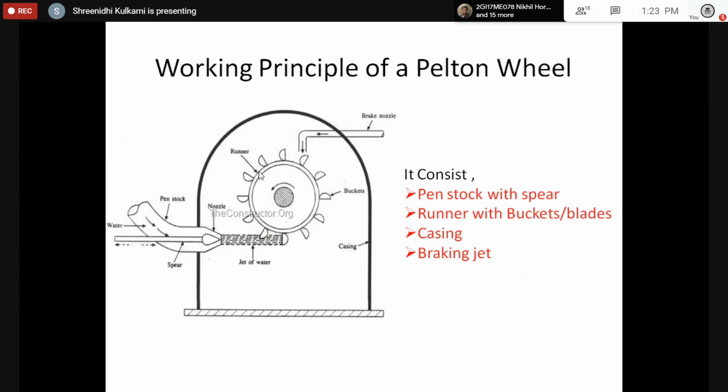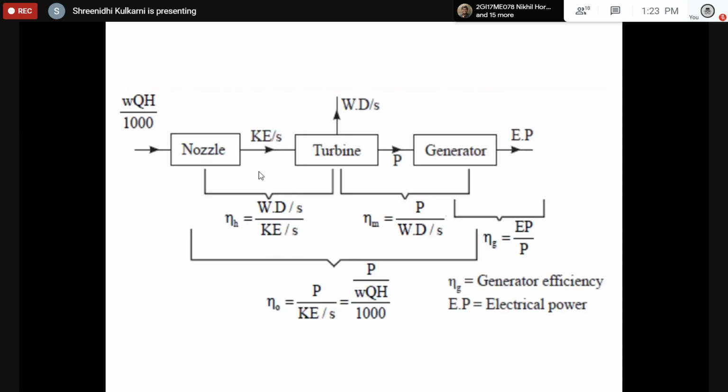First I'll come to the hydraulic efficiency. You just see in the diagram from where to where we are getting the hydraulic efficiency. Hydraulic is nothing but water. So water is coming from the reservoir, entering the nozzle through the penstock.